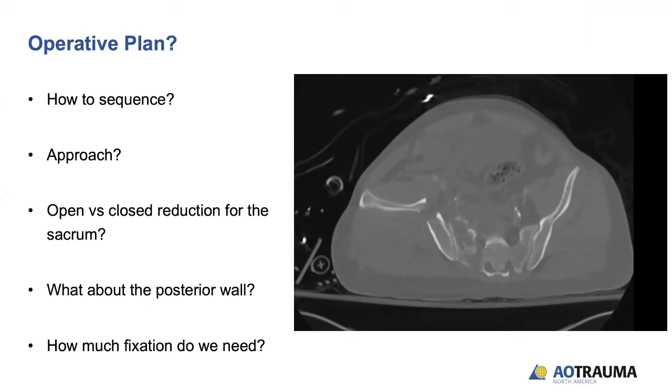So just for the participants to clarify, because we've told them that you rarely get into trouble by starting with the reduction of the posterior pelvic ring, and in fact the preference would be to start with the reduction of the posterior pelvic ring. Why in this case are we saying not to?